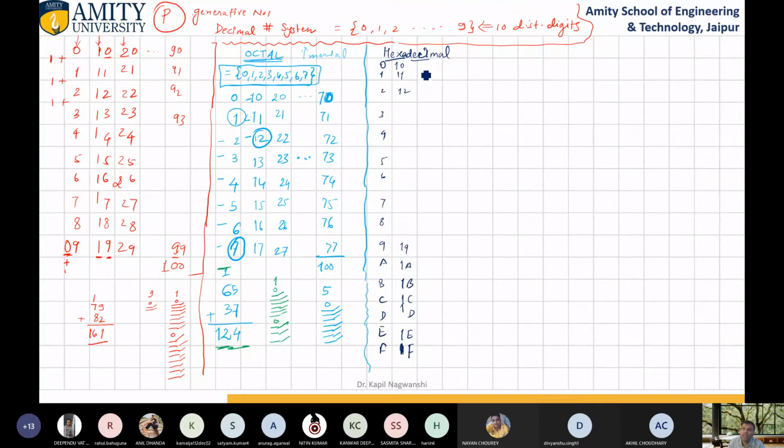And likewise, the last ones are F0, F1, F2, F3, F4, F5, F6, F7, F8, F9, and then FA, FB, FC, FD, FE, and FF, and after that 100 will come. Do you have any problem with this number system?